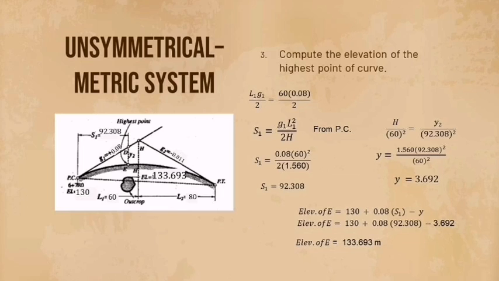For the formula of y, h over 60 squared is equal to y over 92.308 squared. So we find y by isolating it, so y is equal to 1.560 multiplied by 92.308 squared over 60 squared.